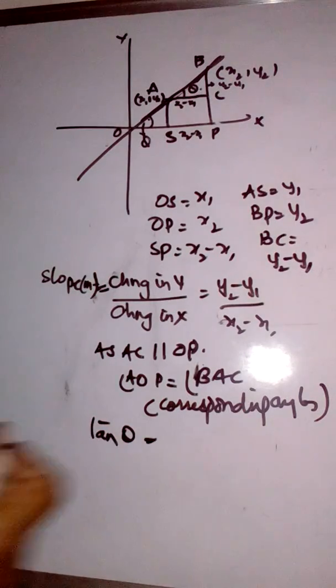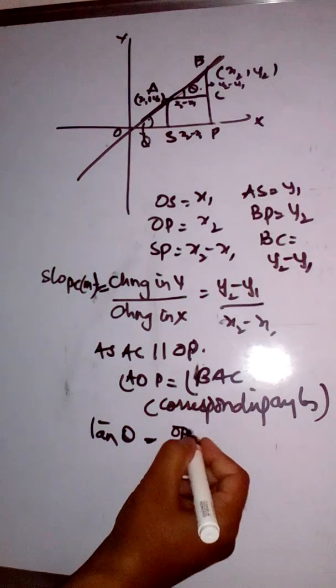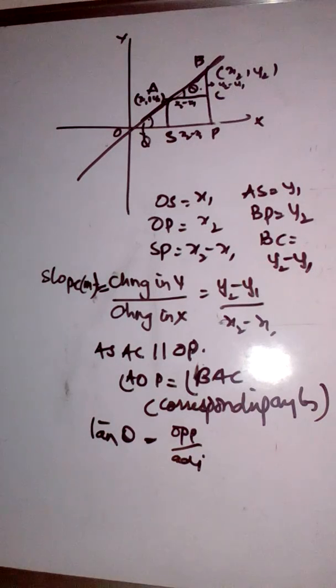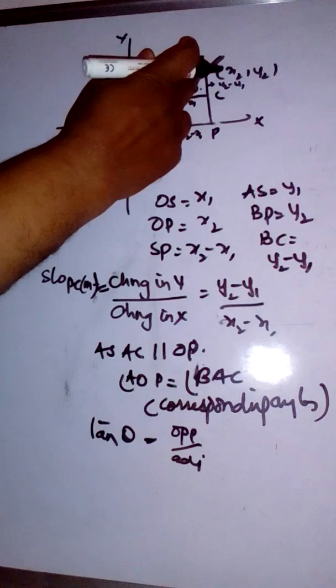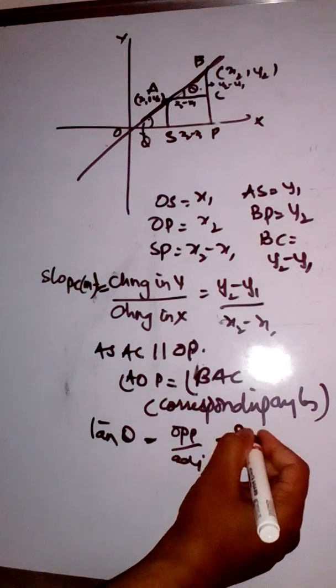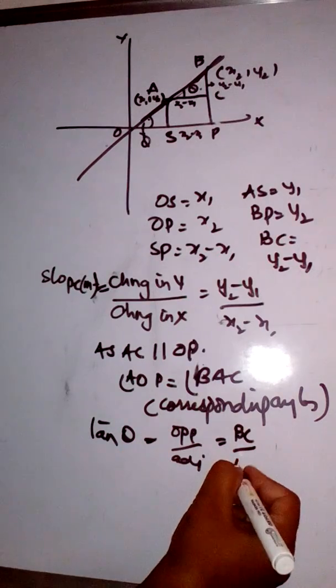According to trigonometry, tan theta is opposite by adjacent. So here, what is the opposite side for this theta? That is BC, and adjacent is AC.